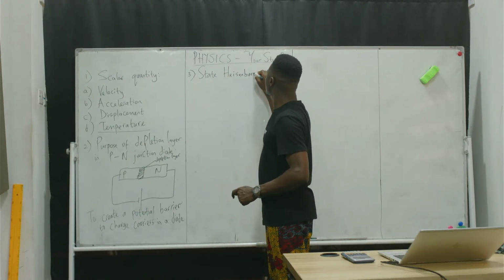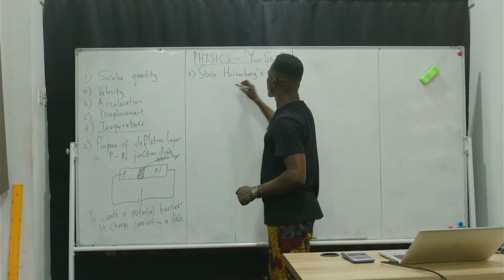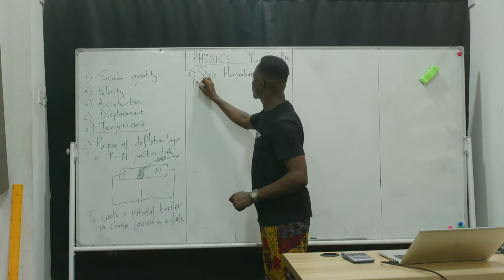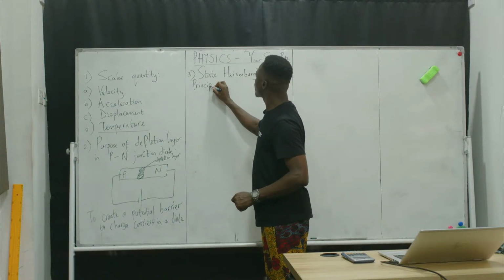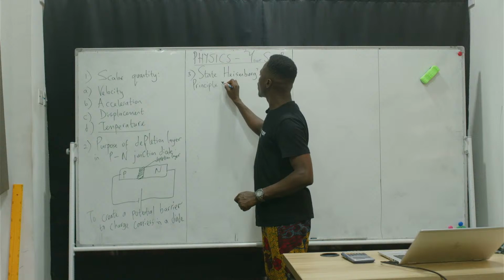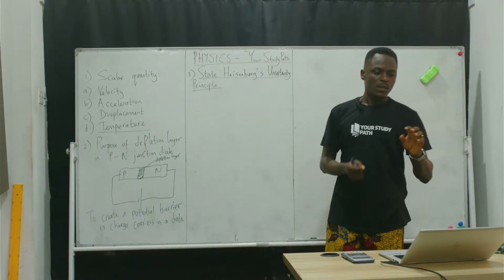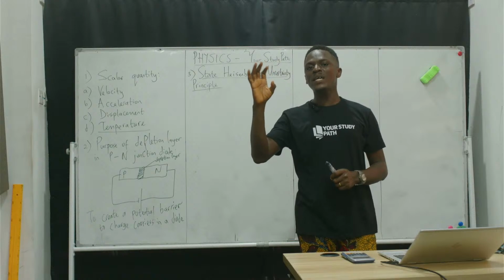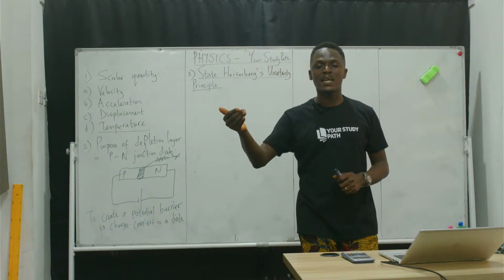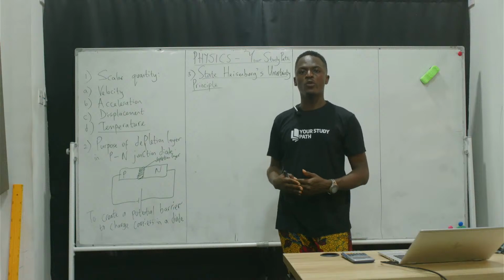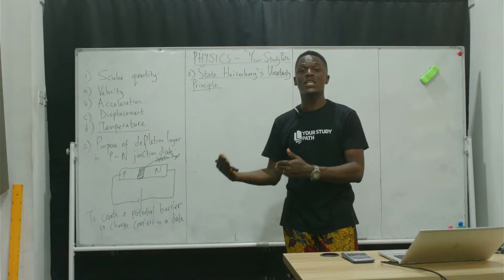Heisenberg's uncertainty principle. So, you have that what? When you have that, Heisenberg's uncertainty principle is indicating that you cannot measure both the position and the momentum of a body at the same time, simultaneously.